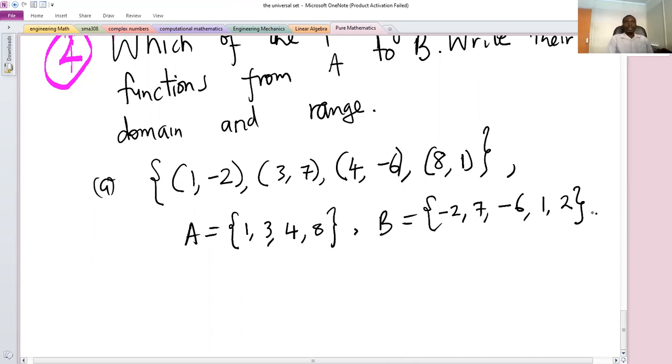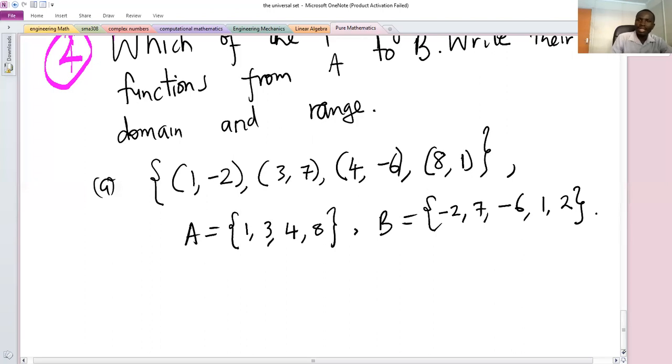Now, the first thing is that a relation is simply a set of ordered pairs. And for a relation to be a function, you have to check that in all the pairs given, there are no 2 distinct pairs which have the same first element with different second elements.